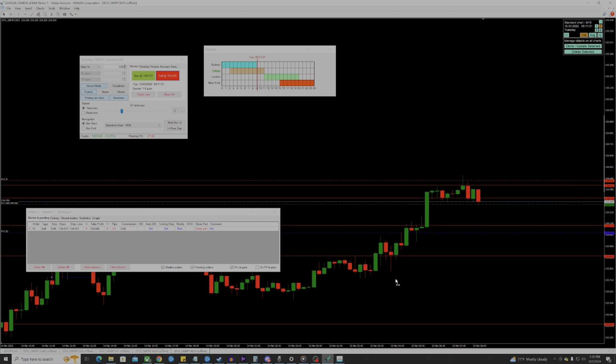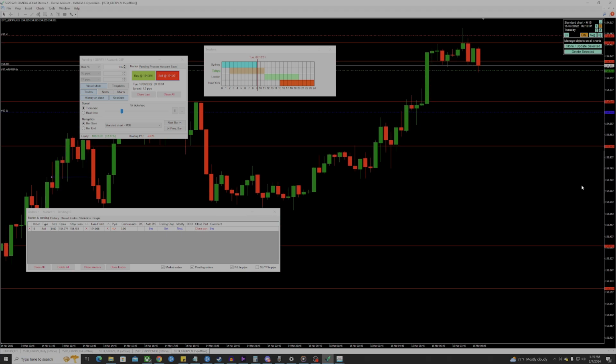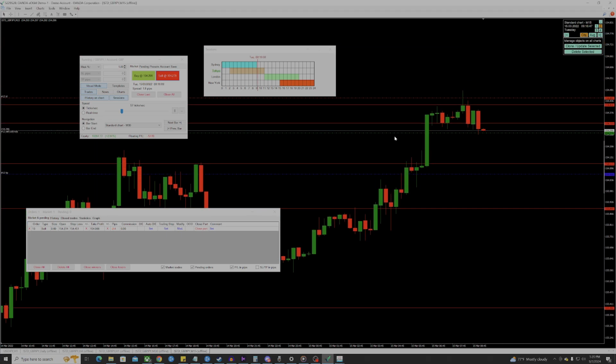And we'll look on the 15 and see what happens. She wants to push down, don't she? The 15-minute has a closure below, so that's a good sign.